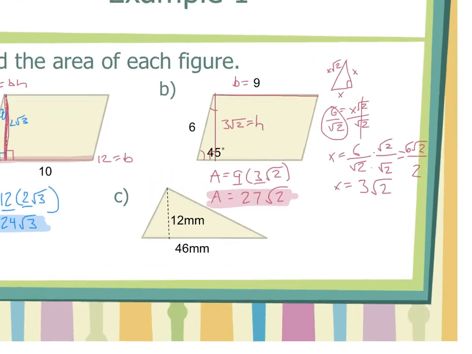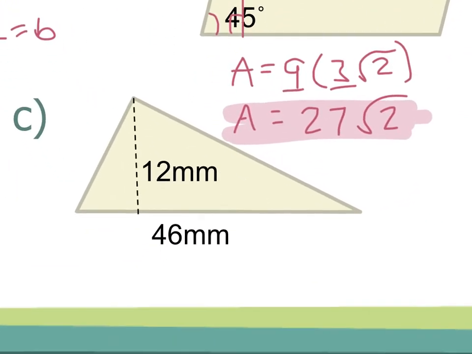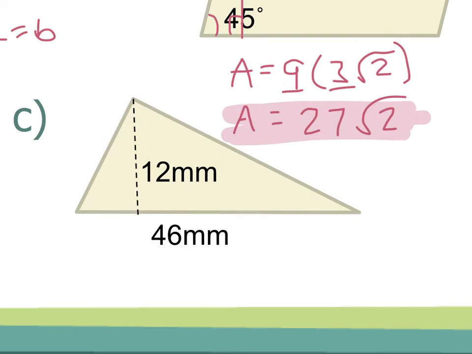Now going to the third example, example C, we have a triangle. So we know that the area of a triangle is 1/2 base times height. Here it gives us the base of 46. So 46 is our base, and 12 is going to be our height.